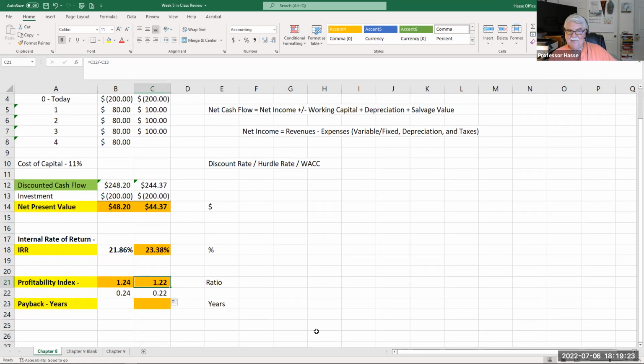Now the payback is how fast do you repay the $200. First year, 80 bucks. Second year, 80 bucks. That's $160. We still have $40 yet to pay back. So $40 of year 3 will give us the $200. 80, 160, and $40 gives us $200.